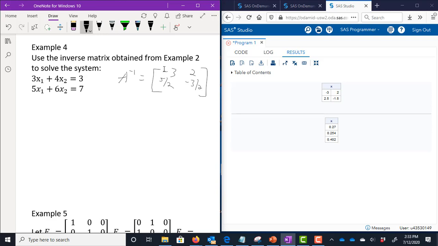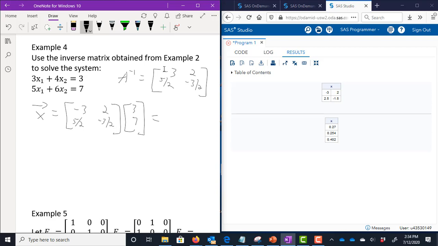So to solve for this, our vector x would be this inverse matrix that I just wrote, -3, 2, 5 halves, and -3 halves, times that solution vector here of 3, 7.